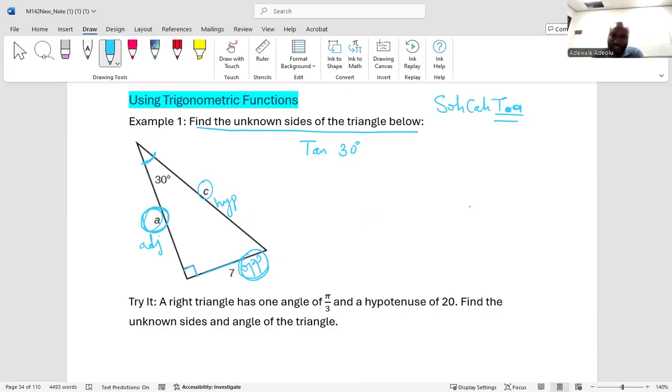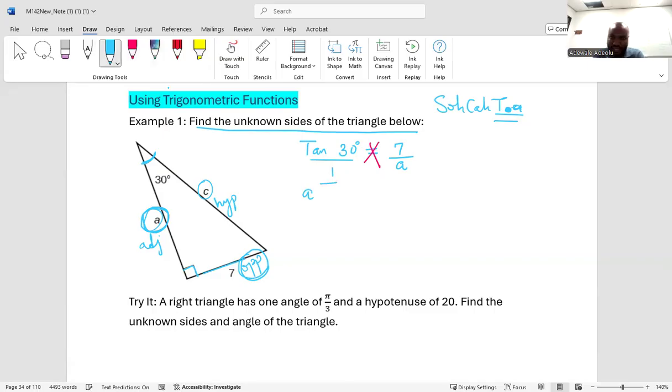So tangent of 30 degrees equals opposite 7 over adjacent, which is A. Now I can say this is over 1 and I can cross multiply here.